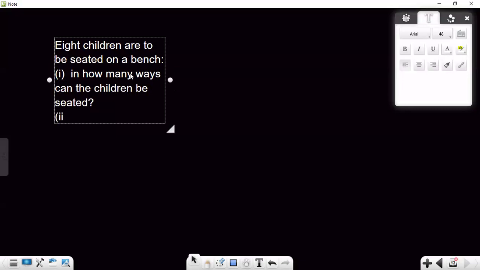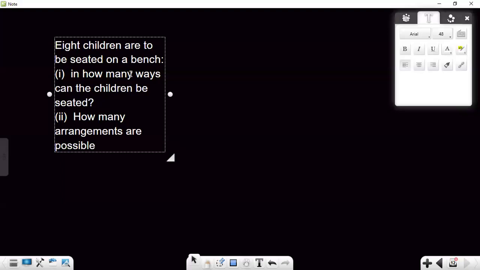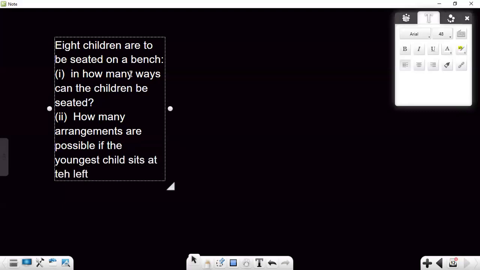The second part of the question asks how many arrangements are possible if the youngest child sits at the leftmost end of the bench. So that is the question.